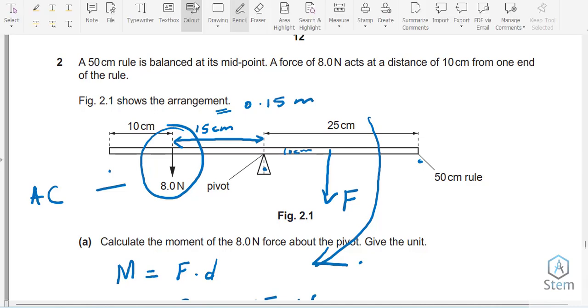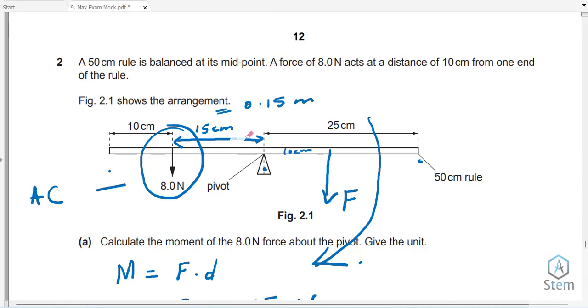It will also be correct to put that force here, pointing upwards. So 10 centimeters pointing upwards. This will give us clockwise.